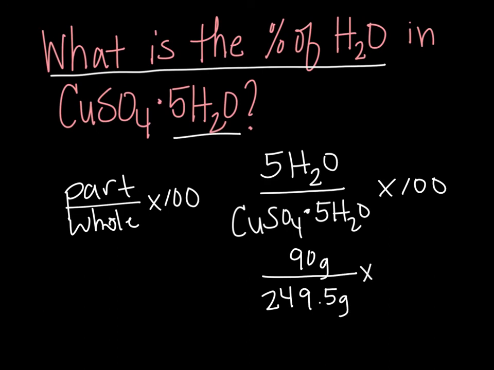And then we're going to multiply by 100. And then that gives us, let's see, you should get 36.1%. Okay, so that is how you solve a hydrate math problem. All right, so that is everything for hydrates and water of hydration, and we will actually do a lab on this in a few days.